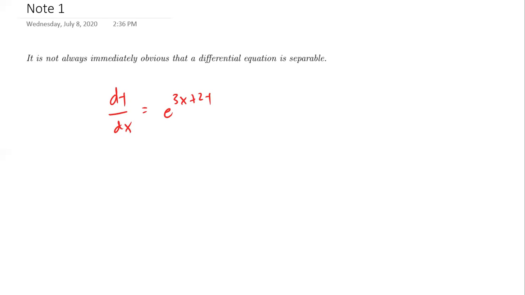But using properties of exponents, we saw that it is the case because we can write this as e to the 3x times e to the 3y. And then this here would be our expression involving x, we call g of x, and this would be our expression involving y. And then all we did, divide both sides by h of y and integrate.